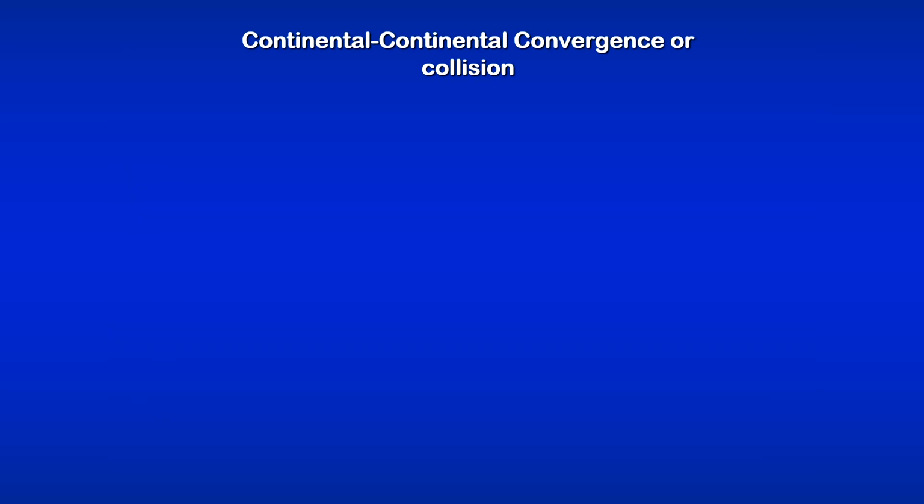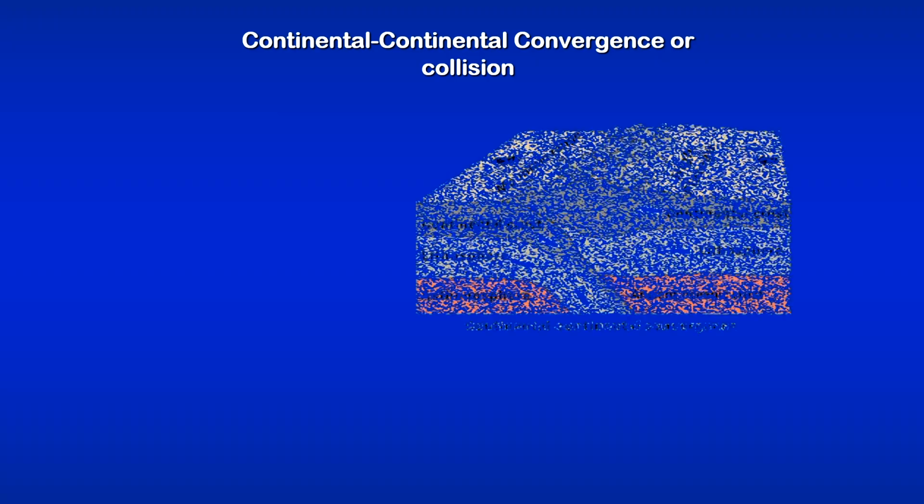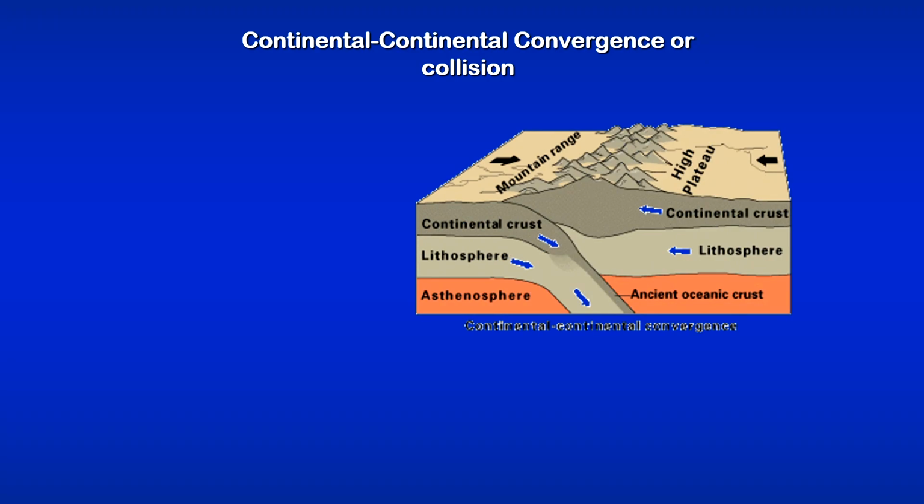And coming to continental convergence, one of the best examples so far, as has been understood based on the sediments and the signatures of the volcanic rocks, can be linked with your Himalayas.